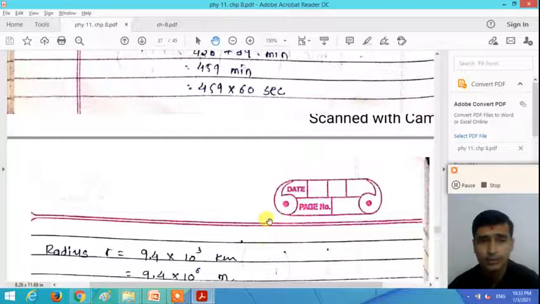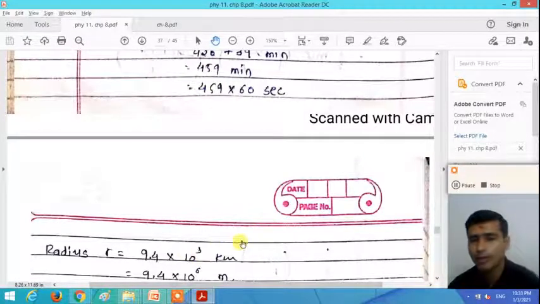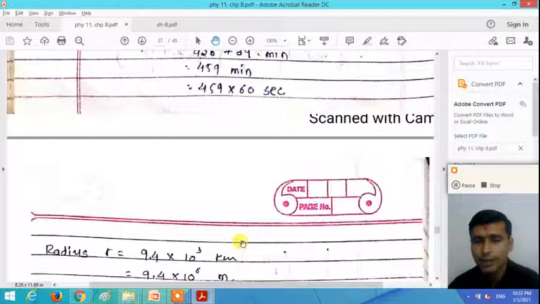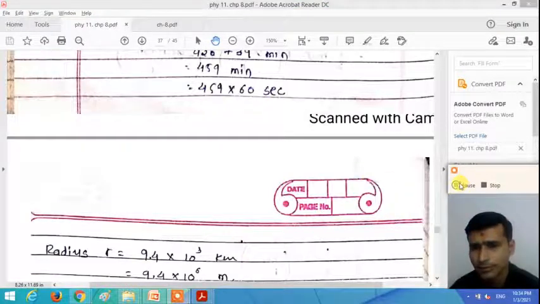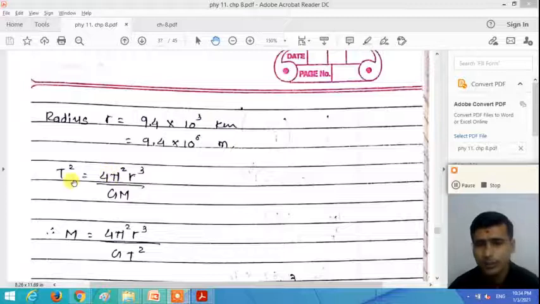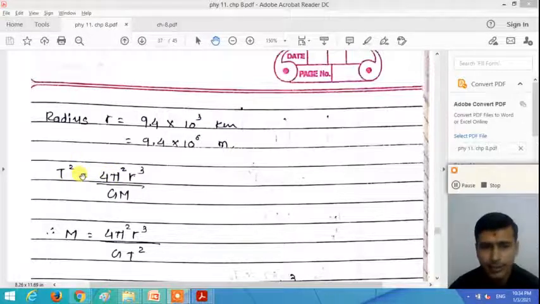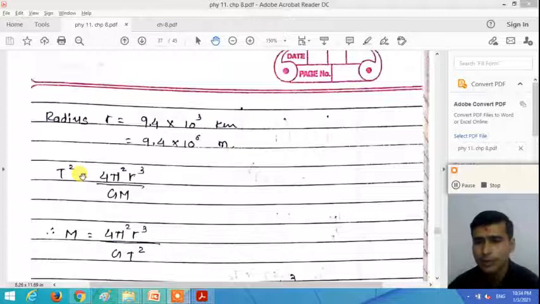So here the periodic time is given to you, the orbital radius is given to you. We need to calculate the mass of Mars. So what is the formula of the periodic time of the satellite? Because the moon of Mars is a natural satellite of Mars. The square of the periodic time of the satellite is directly proportional to the cube of the orbital radius.